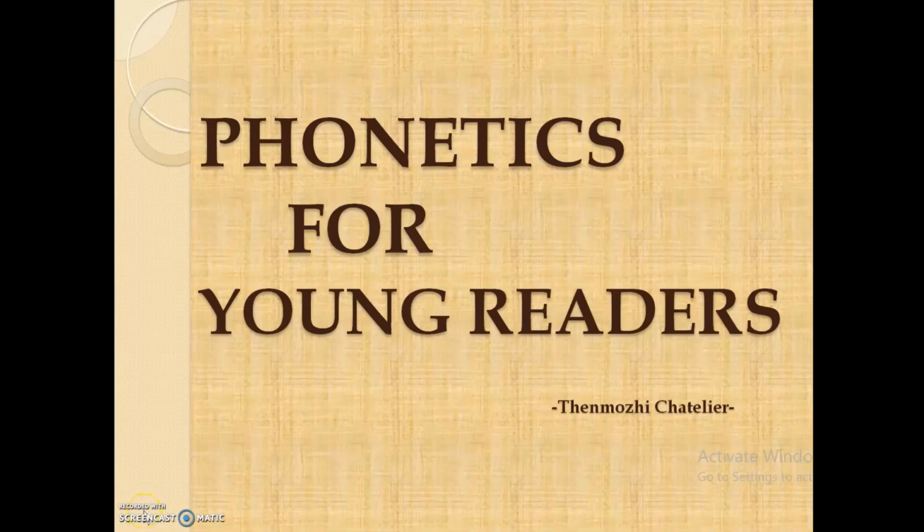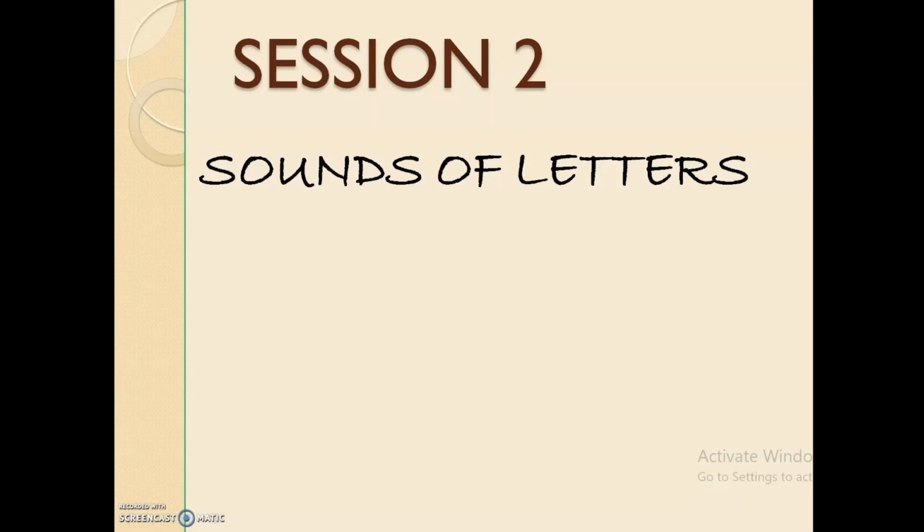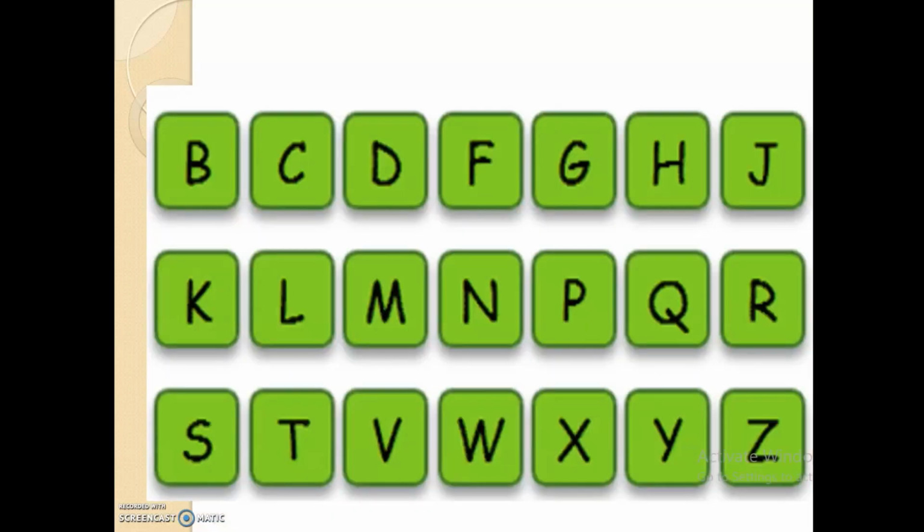So let us move on with our reading for the day. We are looking into the sounds of the English alphabet. The English alphabets have names, but in these sessions, we are looking into the sounds that they make, right?